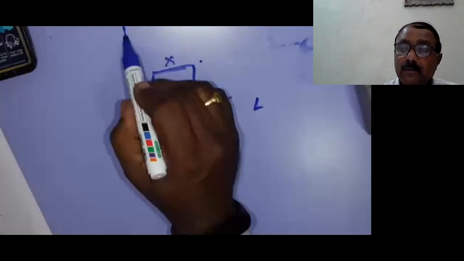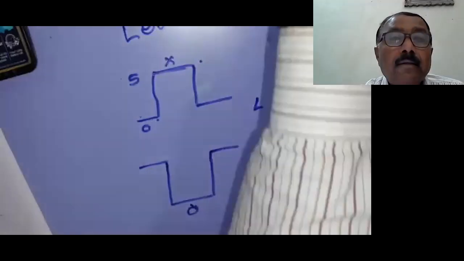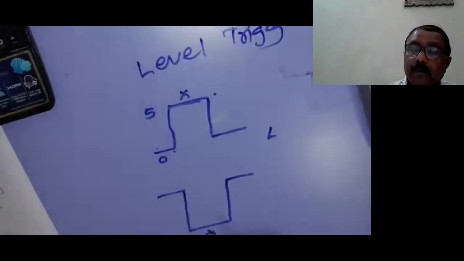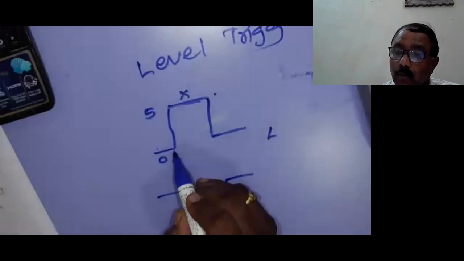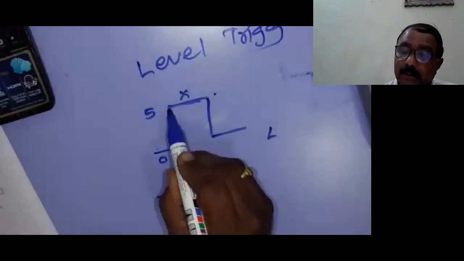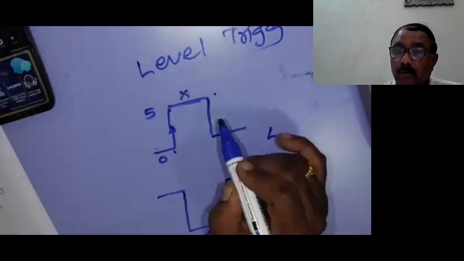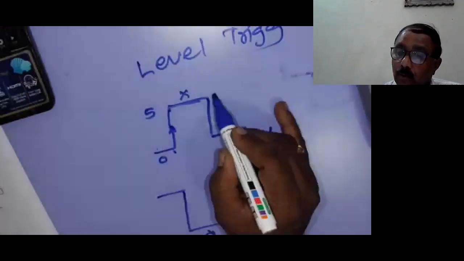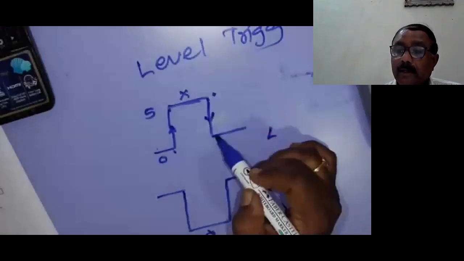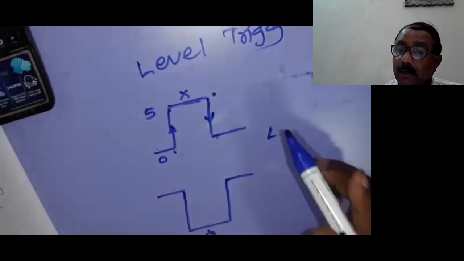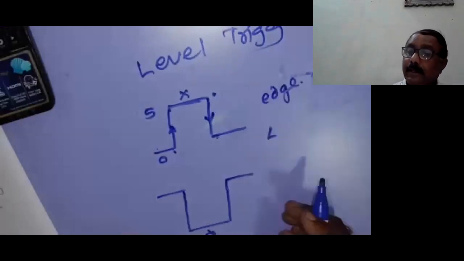Some circuits trigger when the voltage moves from low to high, that is during the rising edge, or from high to low, that is during the falling edge of the voltage.